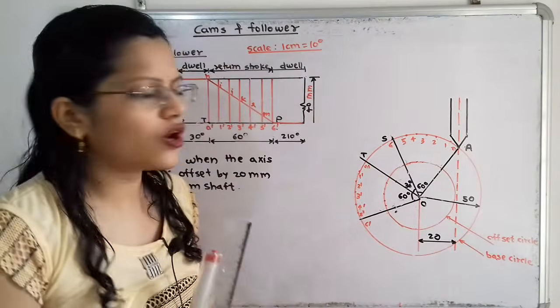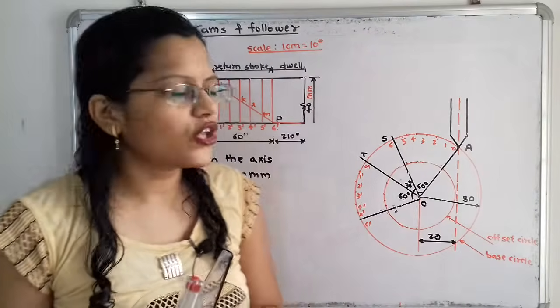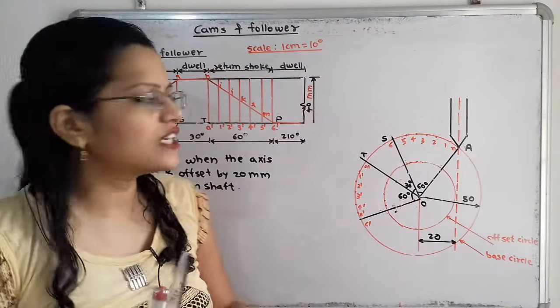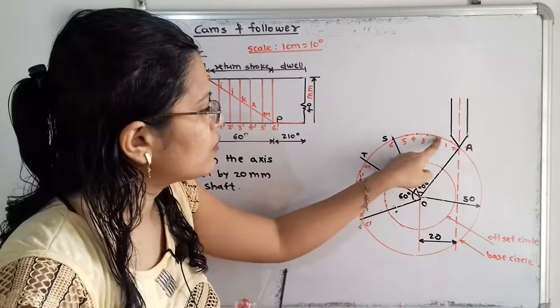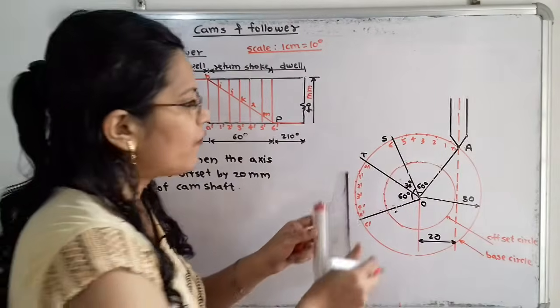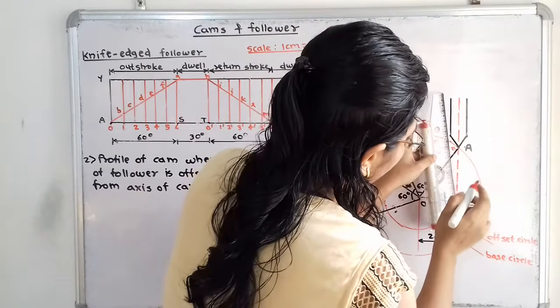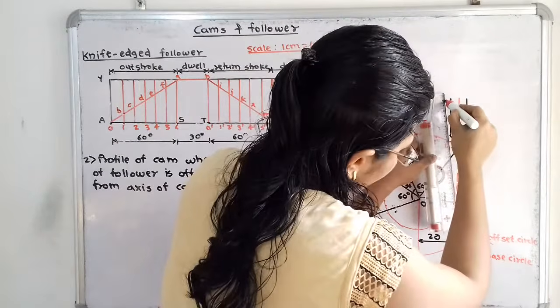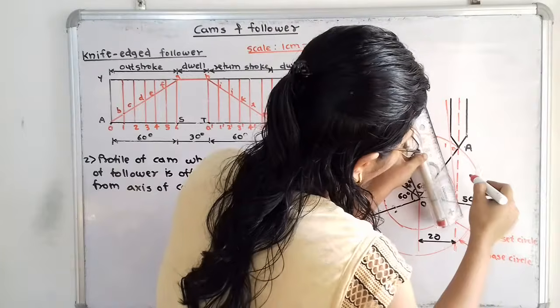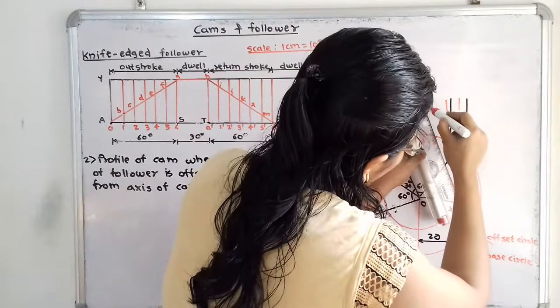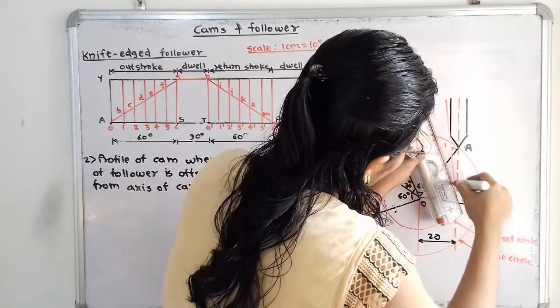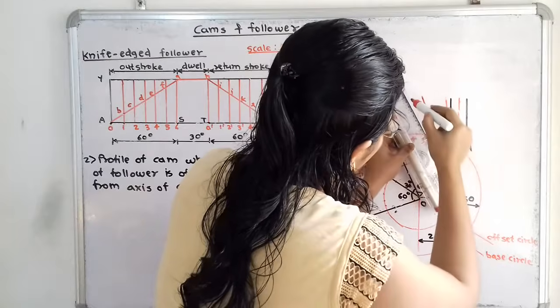Now how to draw the profile? For that we have to draw the tangent lines passing through points 1, 2, 3 and so on. First I will draw one tangent line passing through point 1, then again point 2, then point 3.